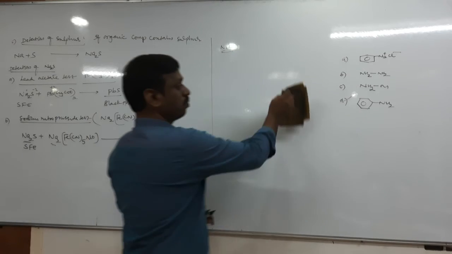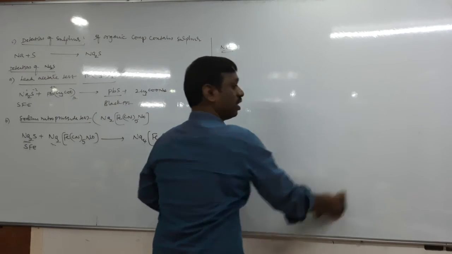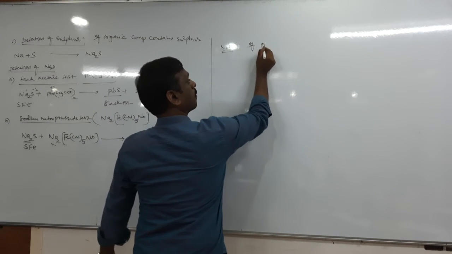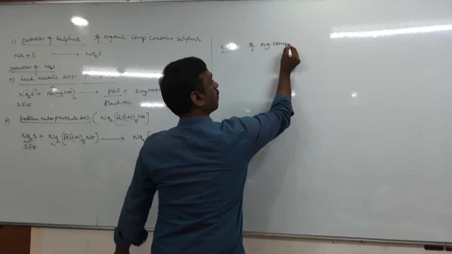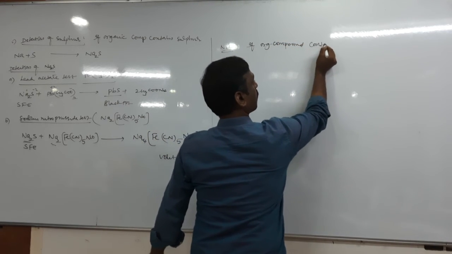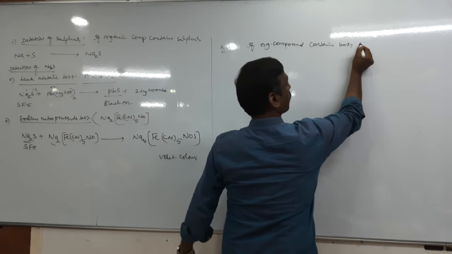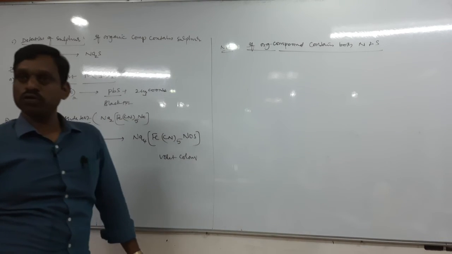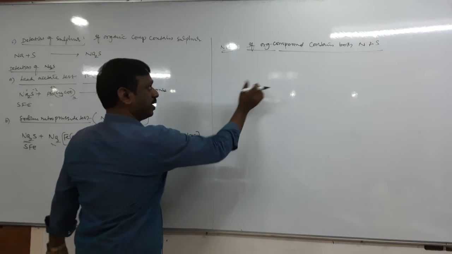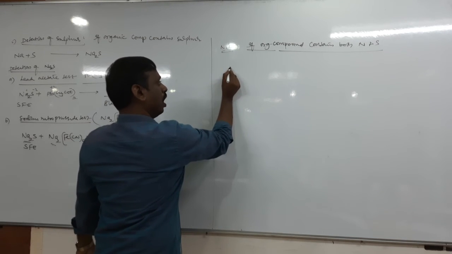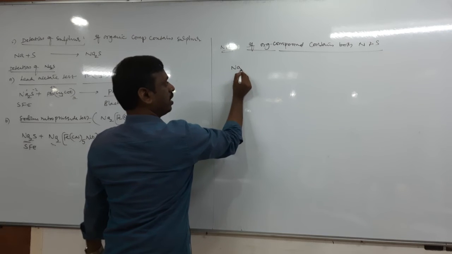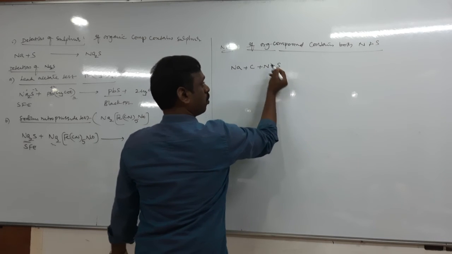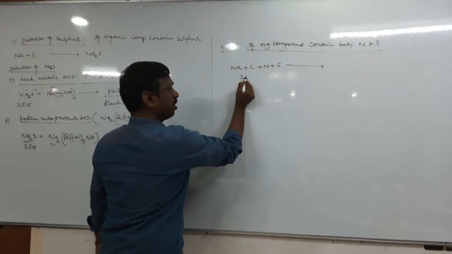If an organic compound contains both nitrogen and sulfur, then how do you detect it? Of course, sodium we are adding, carbon will be there, and nitrogen if it is present, sulfur also present. Tell me, this is in where? SFE.